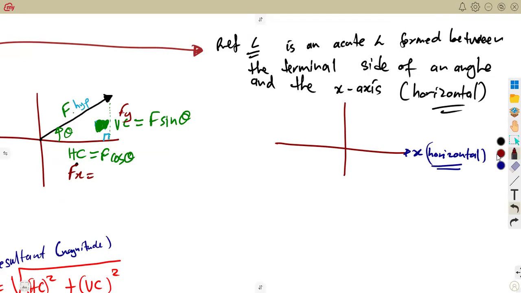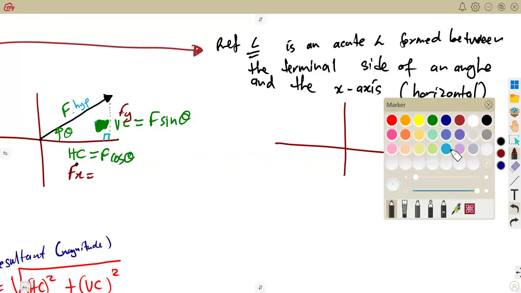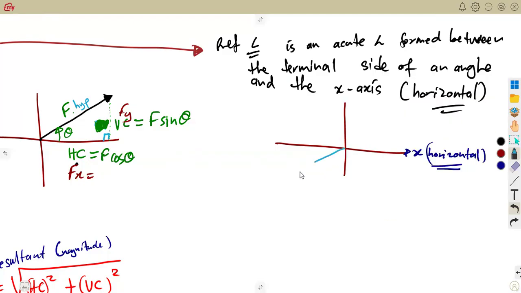So when a force is being taken from the point of application of the force, let's say this is our force like this, it creates an angle between the horizontal and the terminal side, which is the line the force is on.